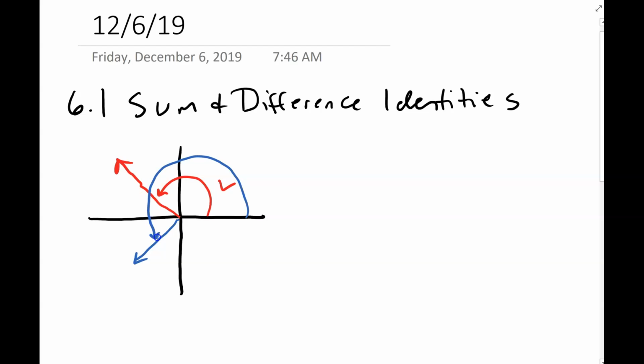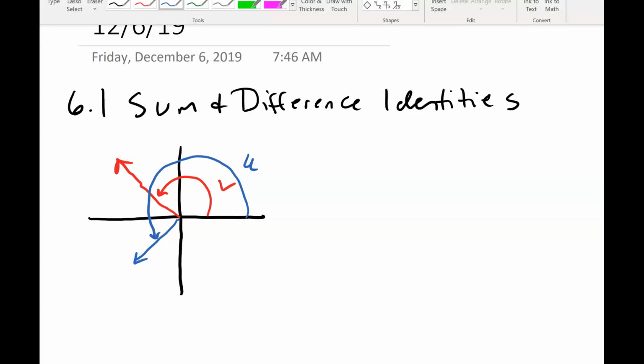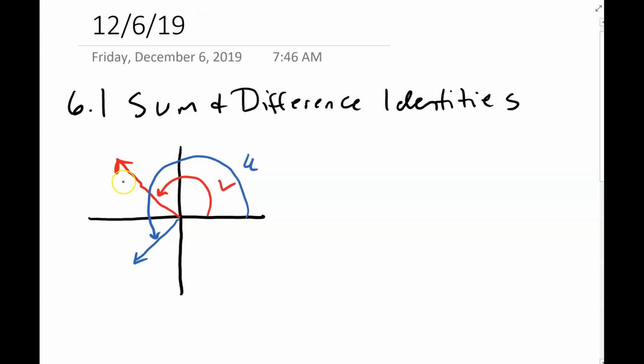We'll call that one U. And then let's talk about this angle here. I'm going to call that angle theta. So what is the relationship here between angles U, V, and theta? Is there an equation I can write that relates these three angles together?